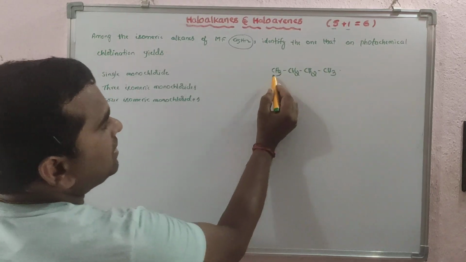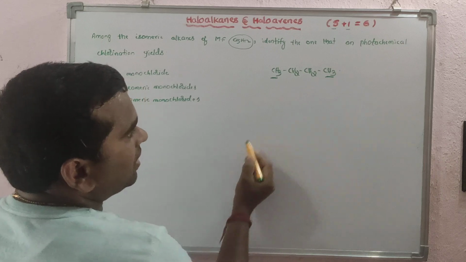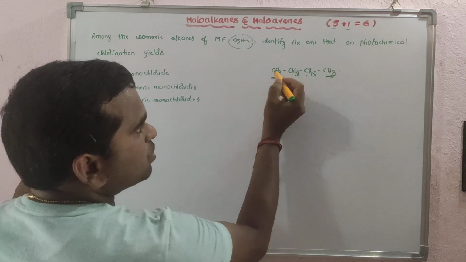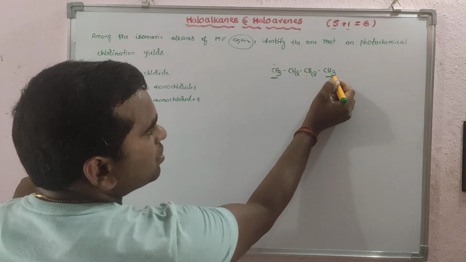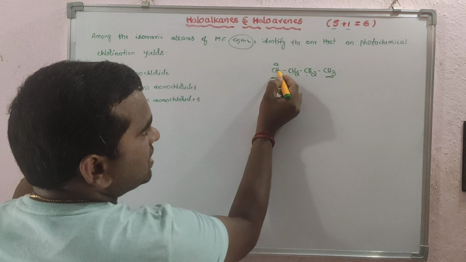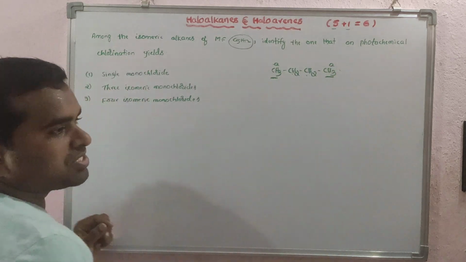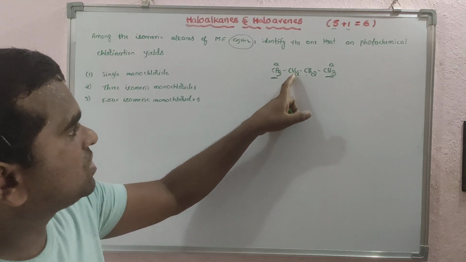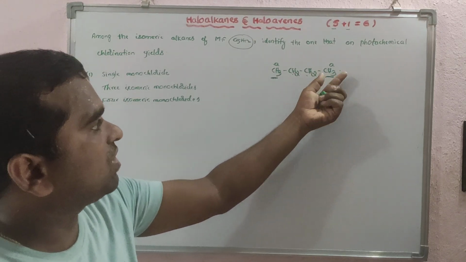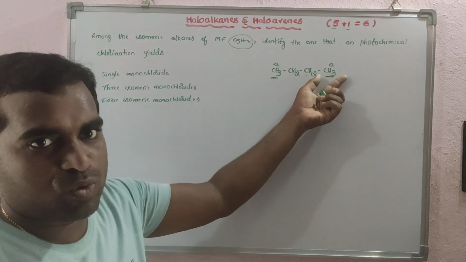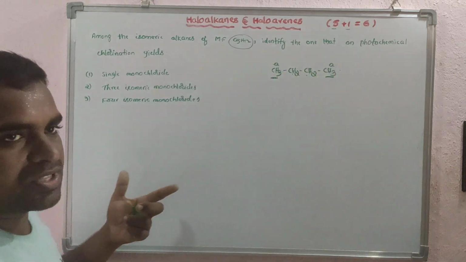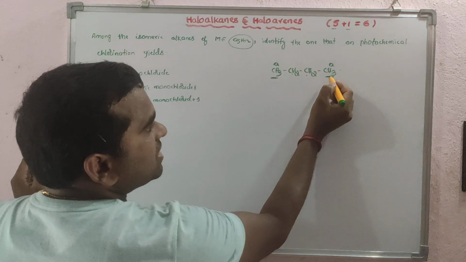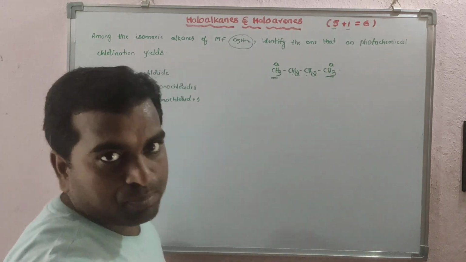See now, this CH3 is attached to CH2, and here also CH3 is attached to CH2. These two carbons are the same, so these hydrogens are also the same. Suppose I call this hydrogen A, and these two are also the same type of hydrogens. Both CH3 groups are the same groups, so the hydrogens are also the same.